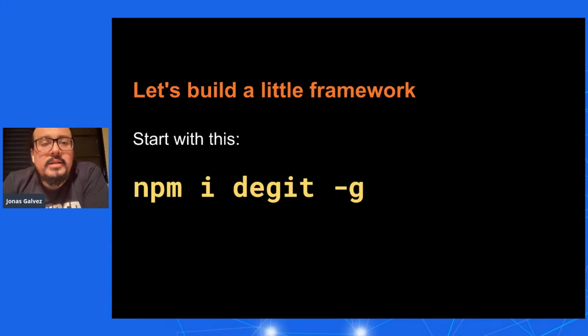So let's build this little framework, and this is what can be said to be the very MVP for such a framework, but it's not really a framework. We can start by installing Degit, which is just a scaffolding tool that copies code from GitHub.